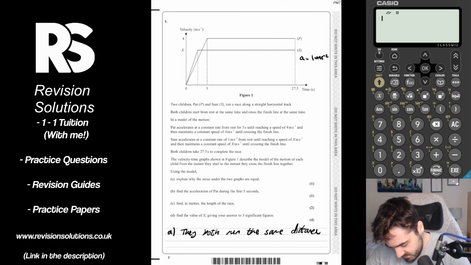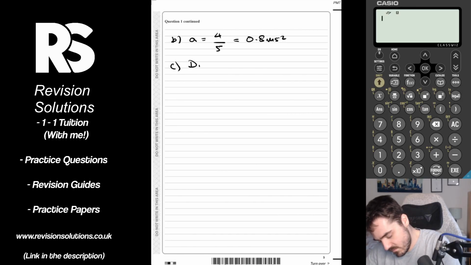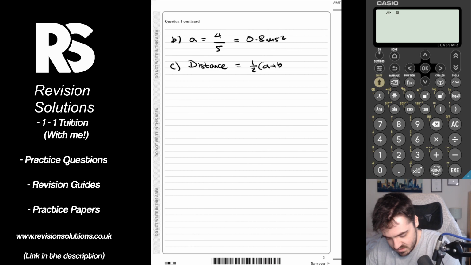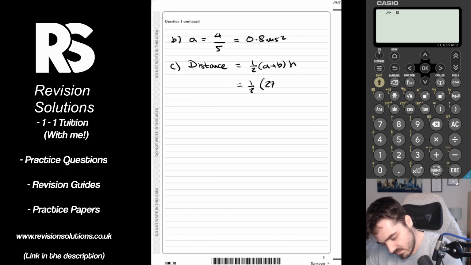For part C, it says find in meters the length of the race. Well, we just said a minute ago the distance is represented by the area under the graph, and we have everything we need for Pat's graph to be able to calculate that area. So let's do it as a trapezium. We've got the parallel sides here, and then the perpendicular distance between them is 4. So the distance is a half the sum of the parallel sides times the distance between them, which would be a half of the bottom, which is the full 27.5.